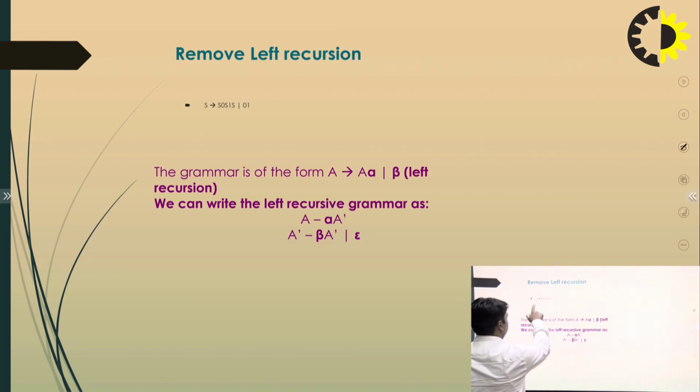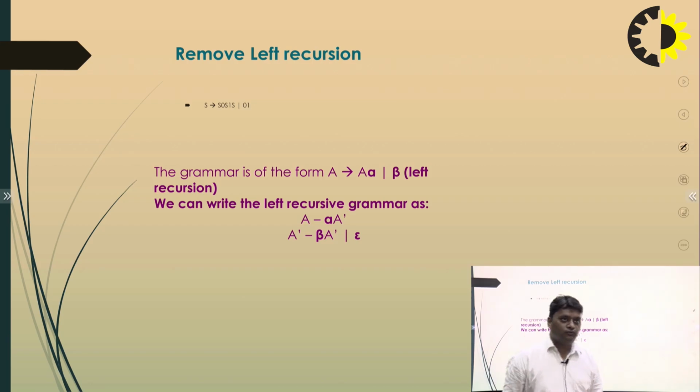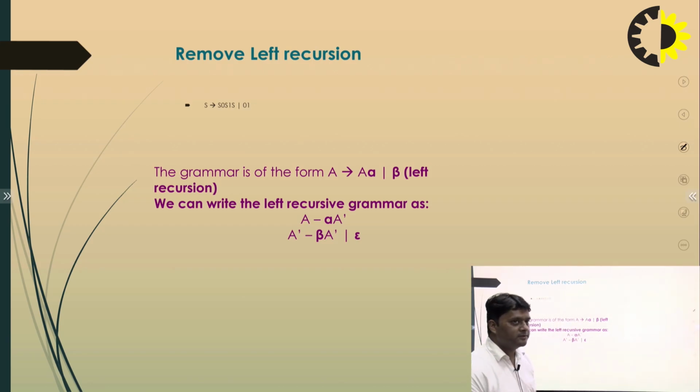The grammar is written here: S implies S0, S1S and 01. Here S calls itself, so recursion occurs. When the symbol on the left hand side derives the same symbol at the leftmost position on the right hand side, the recursion is left recursion.